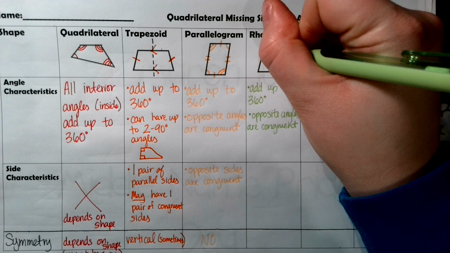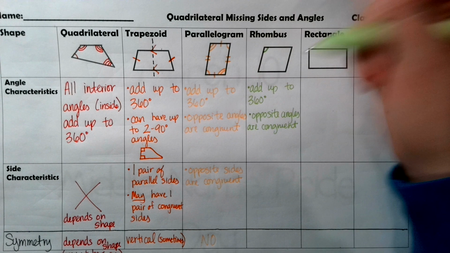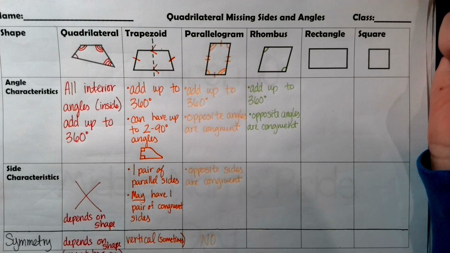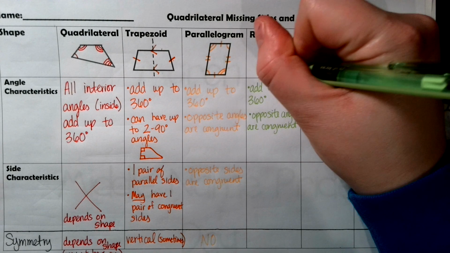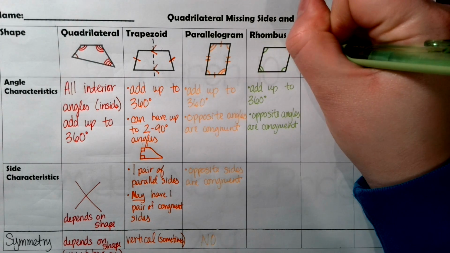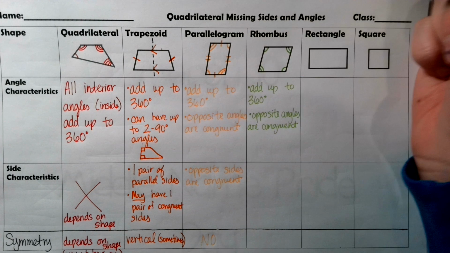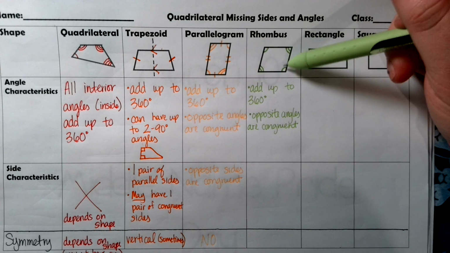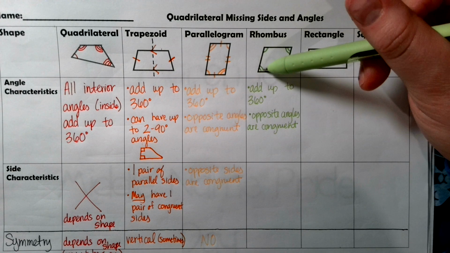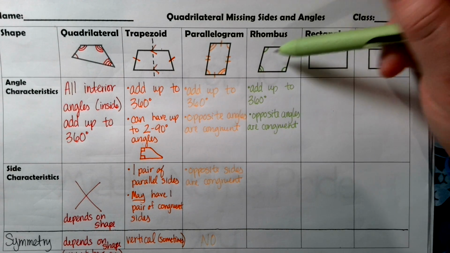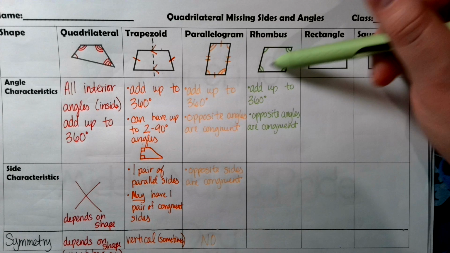So that means this top left is going to match up with that bottom right. The bottom left is going to match up with the top right. Make sure that you're not using the same number of little arches in your angles to show that the ones across are different.